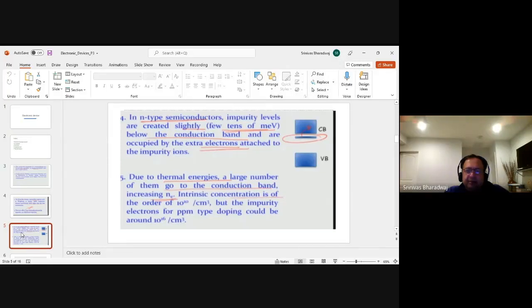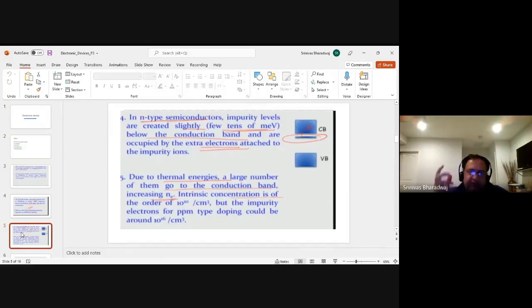Typically, the impurity levels are created slightly below the conduction band, and are occupied by the extra electrons attached to the impurity ions. Due to thermal energy, a large number of them go to the conduction band, increasing the number of electrons, Ne.